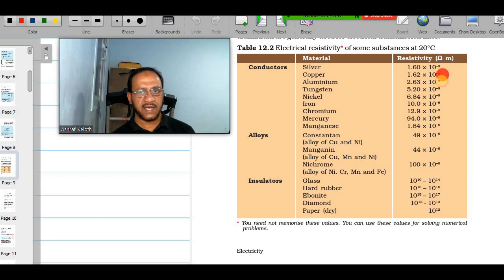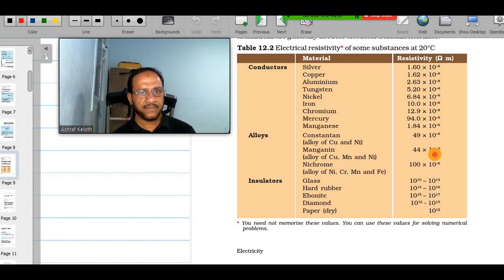If the resistivity value is in the order of 10 raised to minus 8 ohm meter, then they are good conductors. Now you can see on the alloy side it is 10 raised to minus 6. 10 raised to minus 6 means it is a conductor but it has very high resistance. Such materials are normally used for making heating coils of toasters, geysers and all.